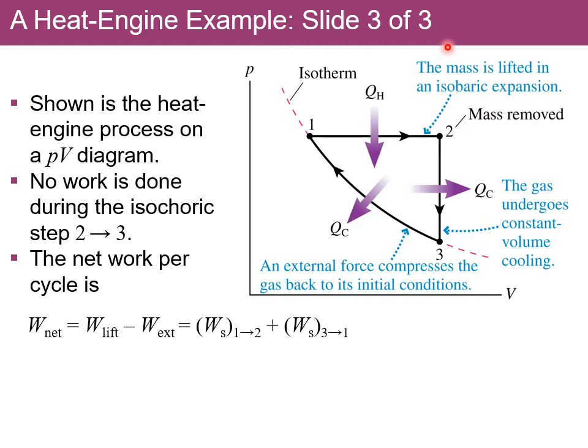The net work done each time a cycle is completed is W lift minus W external equals the work done by the system from 1 to 2 plus the work done by the system from 3 to 1.